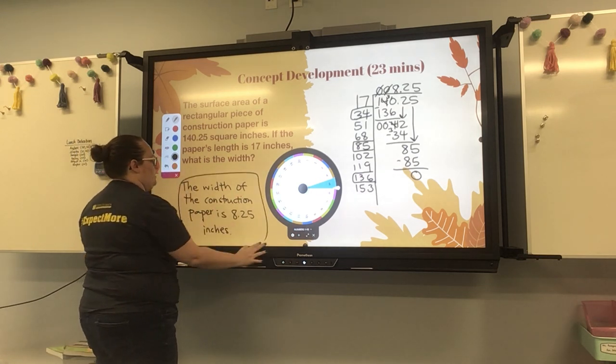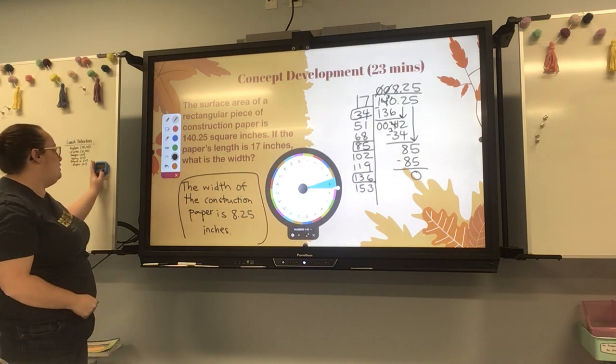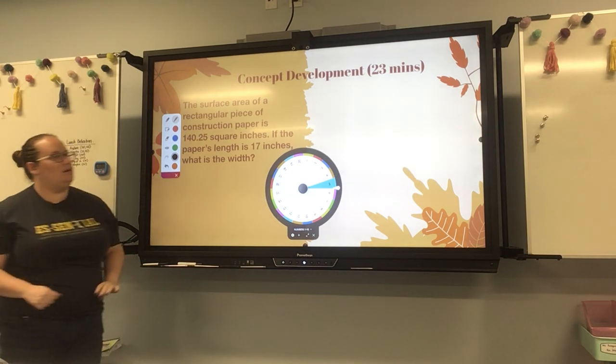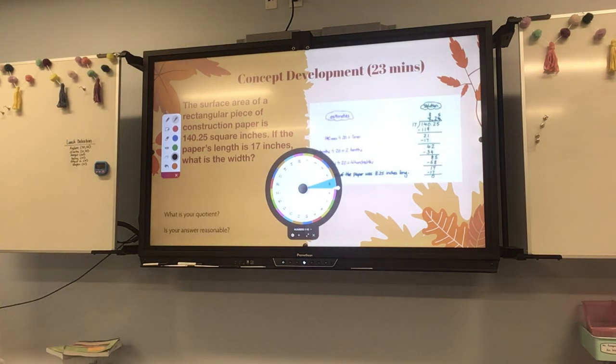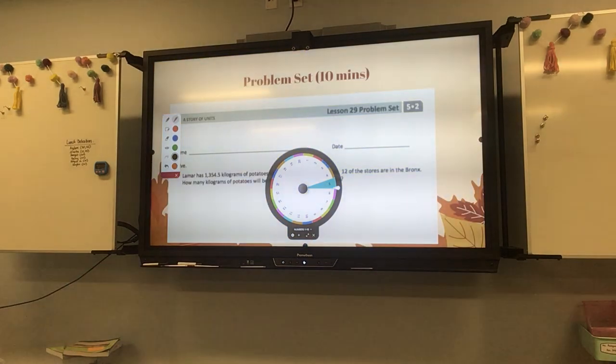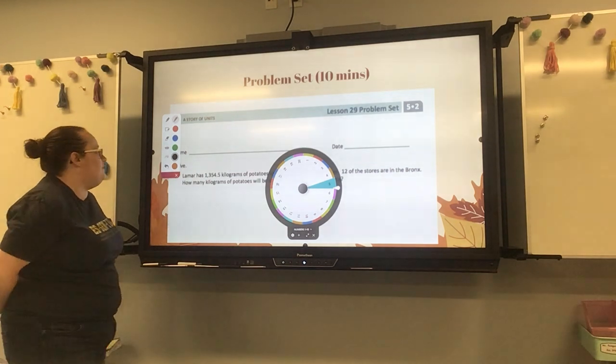The width of the construction paper is 8.25 inches. We can see that we did get it correct. Perfect timing. So this is where Miss P leaves you.